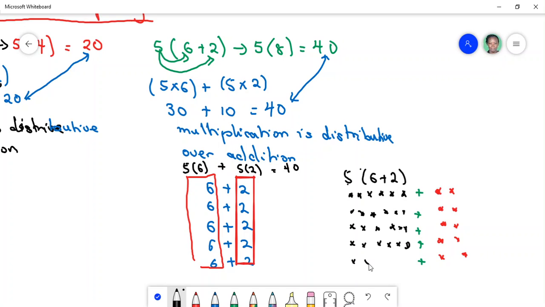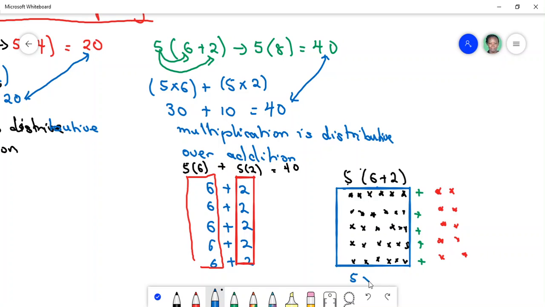We have 6 plus 2 of that. So it's just the same thing as this. How many 6s of that do I have?